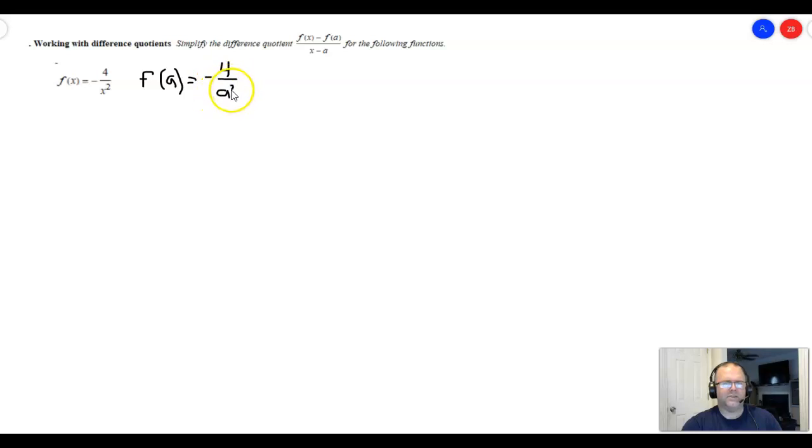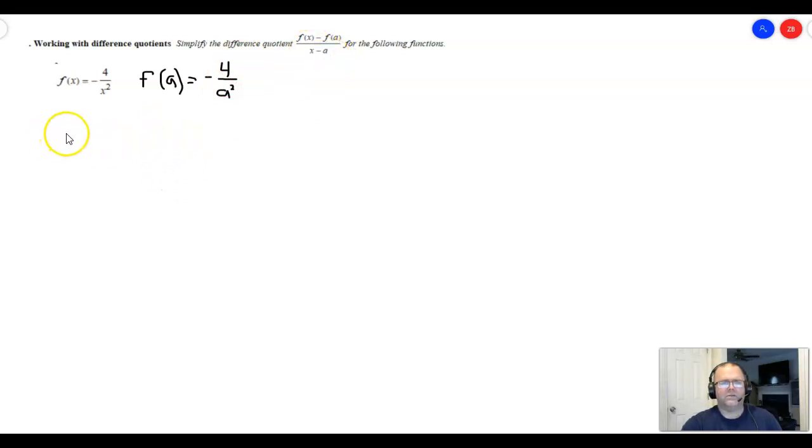So it's simply just negative 4 over a squared. So now we have our f of x to plug into there, we have our f of a to plug into here, and x and a are simply just x and a. So we're going to put everything in, and then we are going to use some math and simplify it and see what we come up with.